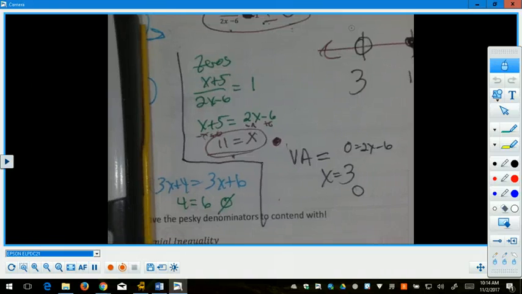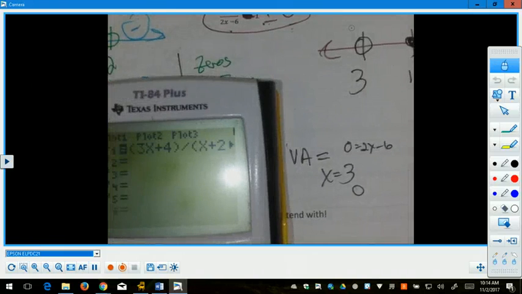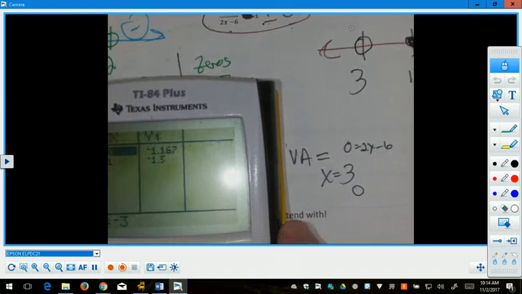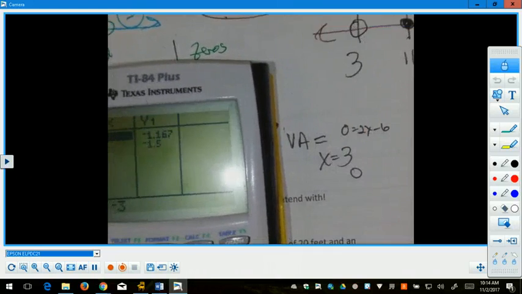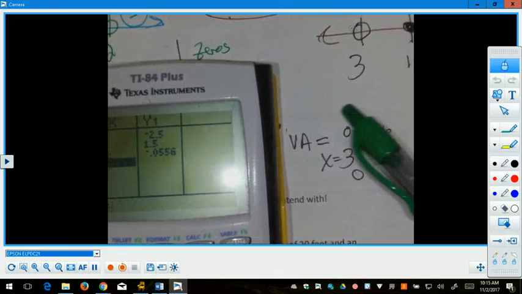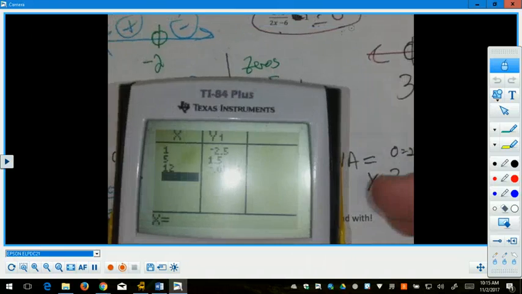In my graphing calculator, I enter the function (x plus 5) divided by (2x minus 6), minus 1. I could look at the graph, or I could look at the table. I put in 1, I put in 5, I put in 12, just numbers to each side of these numbers.